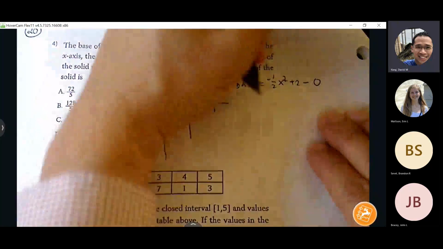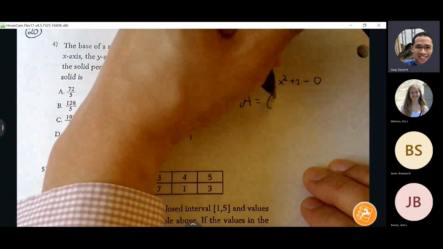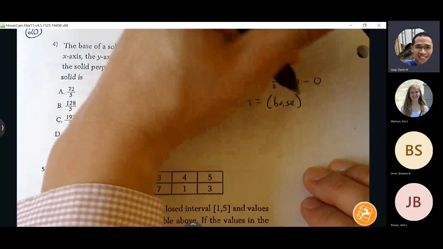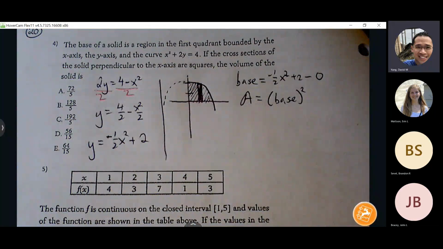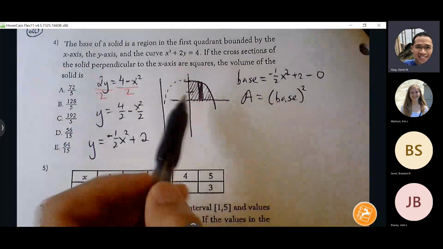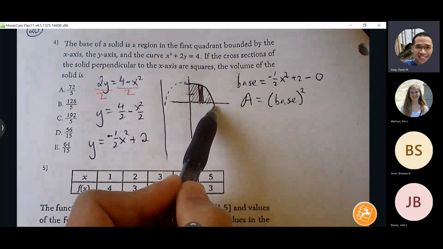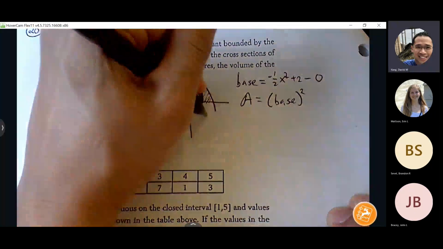We built the base. The area is the base squared, and then for the volume we just give it that third dimension, put the integral around it. Our bounds are from our furthest left to furthest right, so it's from 0 to whatever this value is.